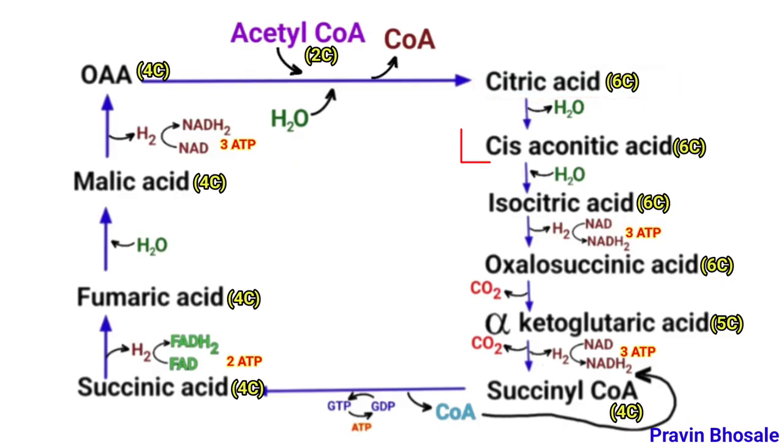It gets dehydrated to cis-aconitic acid, which gets hydrated to isocitric acid, which gets oxidized to oxalosuccinic acid, which further gets decarboxylated to alpha ketoglutaric acid, which undergoes oxidative decarboxylation to succinyl coenzyme A with addition of coenzyme A. Succinyl coenzyme A forms succinic acid, which further forms fumaric acid, which further forms malic acid, and malic acid gets further oxidized to oxaloacetic acid. So this was all about Krebs cycle, that is citric acid cycle, that is TCA cycle.